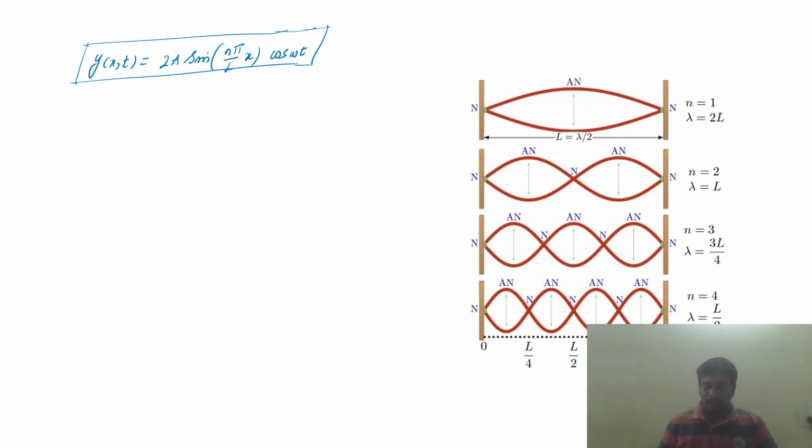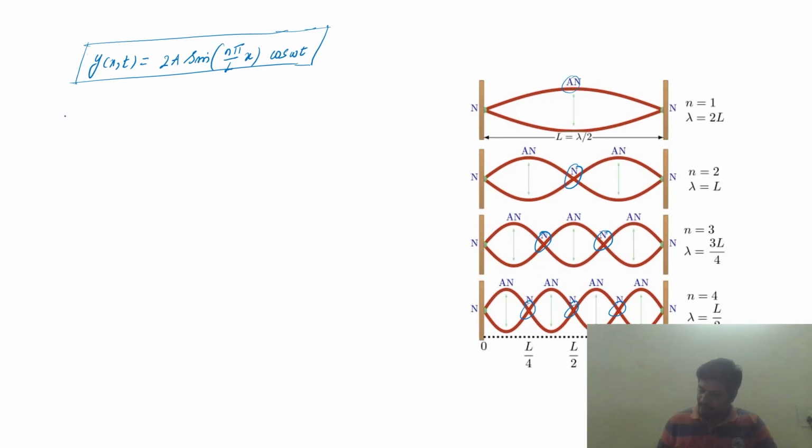The amplitude at the node position goes to 0. Wherever there is a node, the amplitude is 0 for the standing wave. Similarly, wherever there is an antinode, the amplitude will be the maximum. Here the maximum amplitude is 2a. Anyway, we are going to measure it.